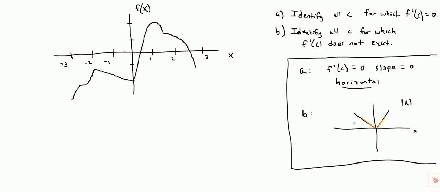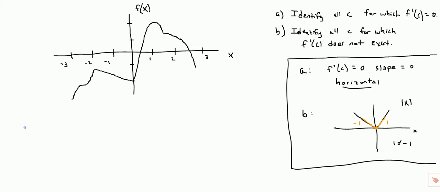So on the left the tangent is -1, but on the right the tangent is +1. So what is the slope at 0? Well, that does not exist, right? We can't say if it's 1, we can't say if it's -1. We're looking for points on the graph of f of x over here where the derivative is different on each side, where the tangent is different on each side, right?